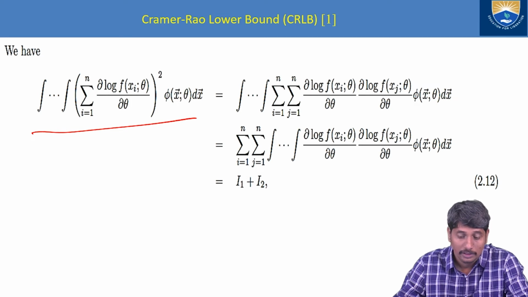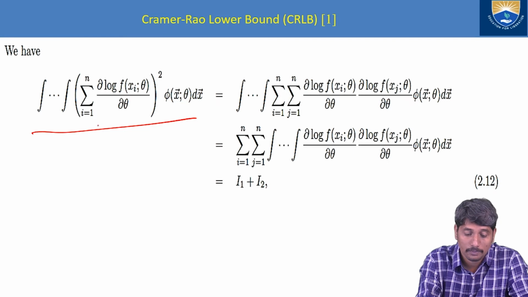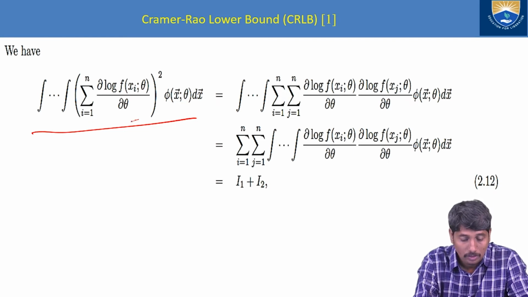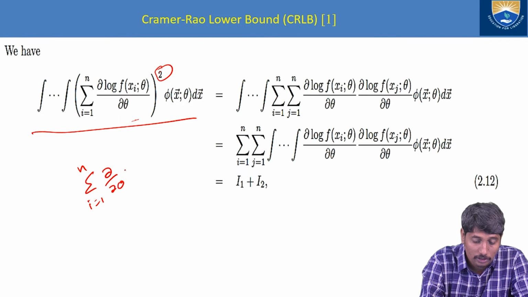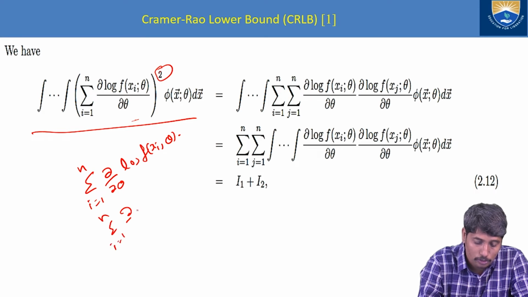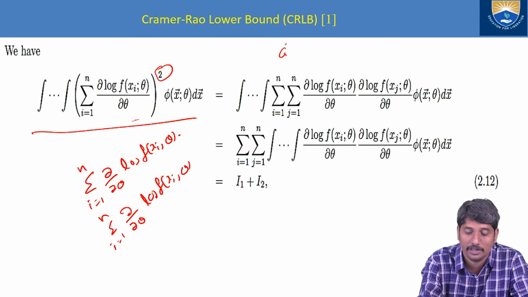Now, here we are splitting the summation. Because this whole square means we can understand it as the summation i equals 1 to n of dou by dou theta of log of f of xi comma theta, into the summation i equals 1 to n of dou by dou theta of log of f of xi comma theta, because a square can be written as a into a.